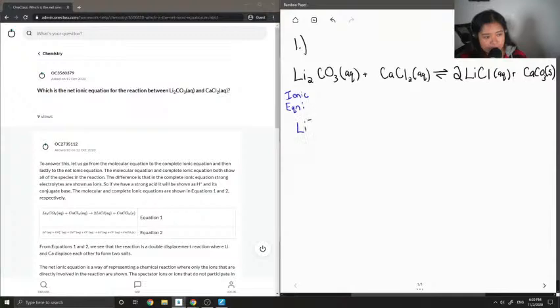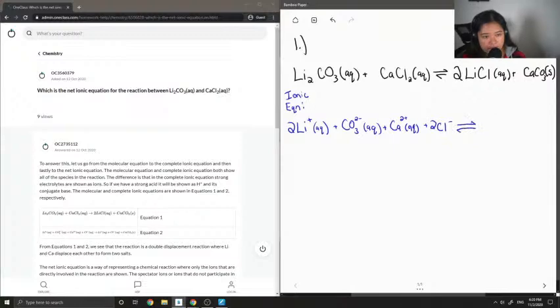So we have the lithium carbonate breaking up into 2 lithium ions and a CO3 2- ion. And for the calcium chloride, this is going to break up into calcium 2+ plus 2 Cl minus.